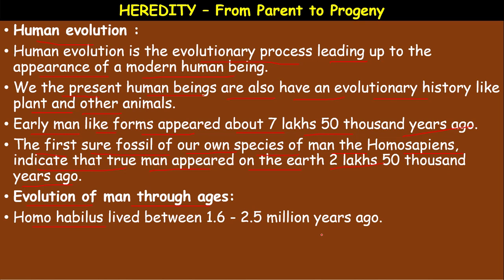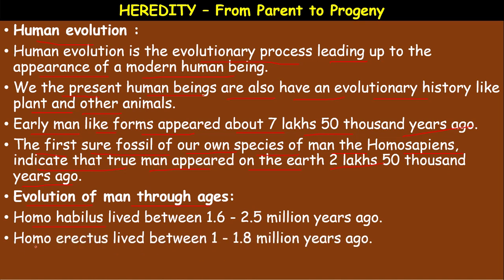Probably they used to eat meat, fully erect. The canines are small. They used the earliest stone tools and hunted large game, and bipedal gait means they used to stand on 2 feet. They used to live in caves. Some social behavior also they learned. Homo habilis.